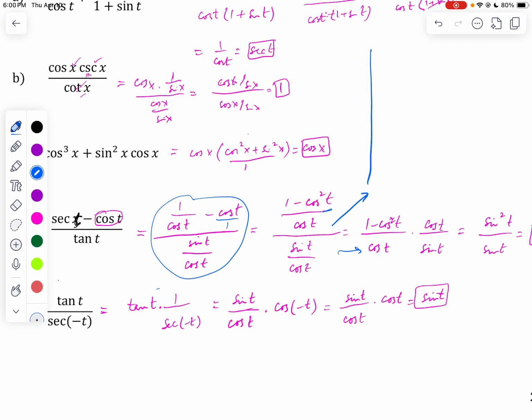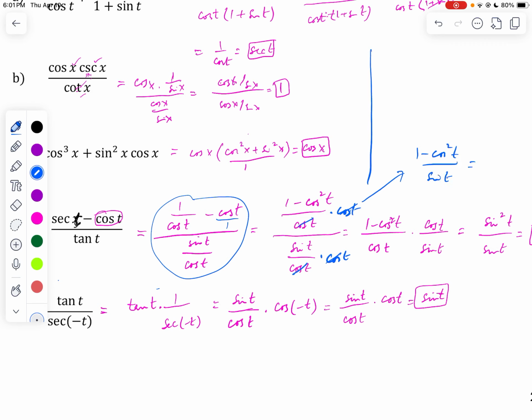So this denominator and this are the same. So what we can do is multiply the fraction, top and bottom, by cosine of t. In other words, I multiply here by cosine of t, and I multiply the bottom by cosine of t. Then cosine t cancels, and we are left with 1 minus cosine square t over sine t.